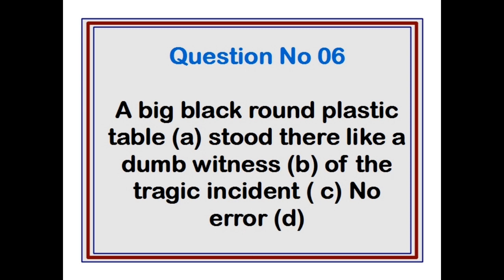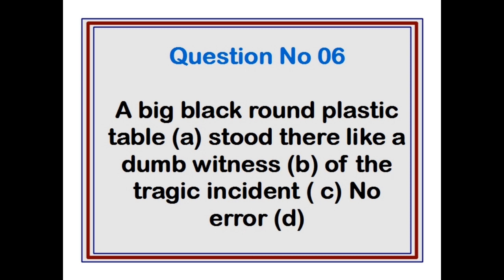Here is another interesting question. First, read the sentence. A big black round plastic table, option A, stood there like a dumb witness, option B, of the tragic incident, option C, no error, D. Now, to understand the problem here, first you have to know the order of adjectives.